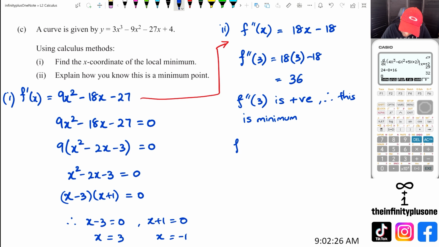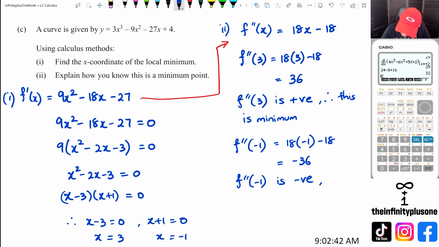Because if we take f double dash of negative 1, we're going to get 18 times negative 1 minus 18, which equals negative 36. And because f double dash of negative 1 is negative, this is a maximum. So we can say, therefore, x equals 3 is the local minimum.